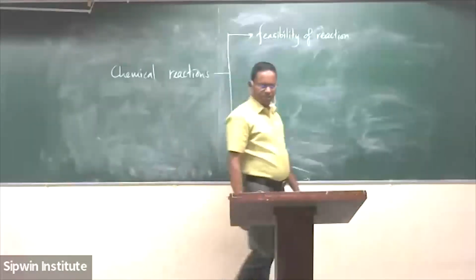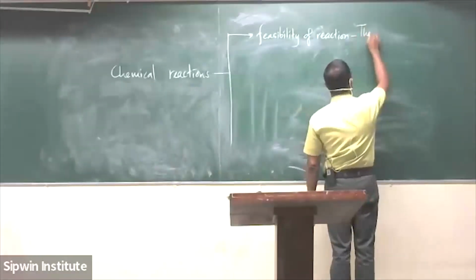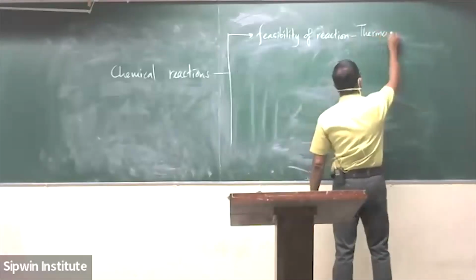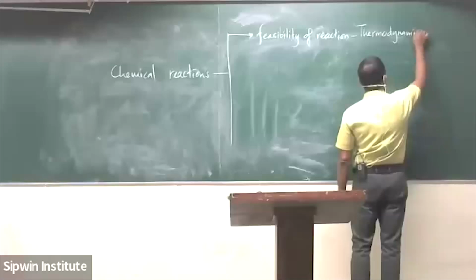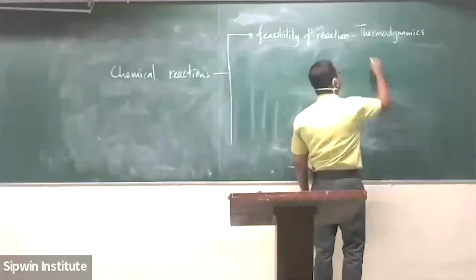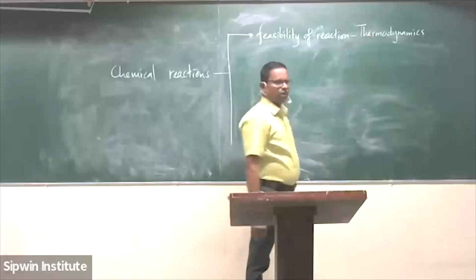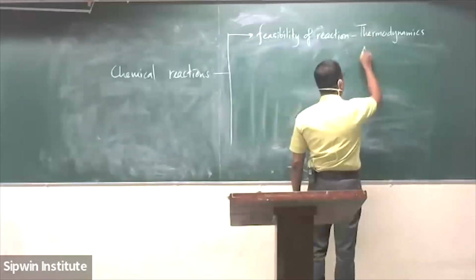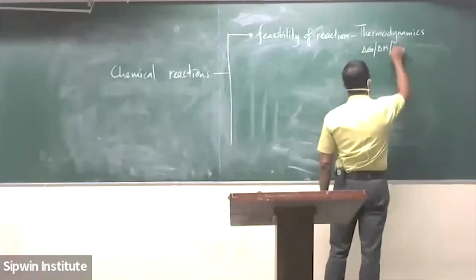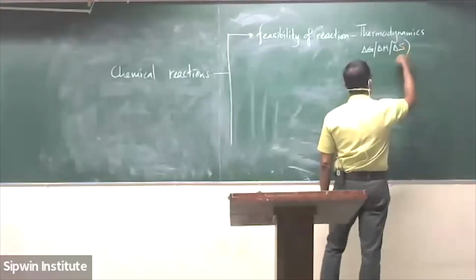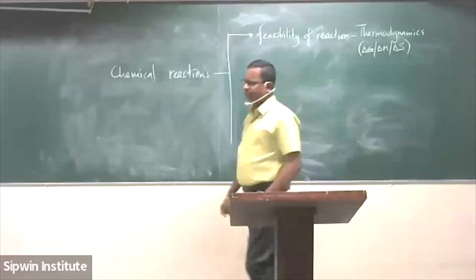Put a dash and write thermodynamics, if not energetics. Below that, within brackets, write delta G, delta H, delta S.